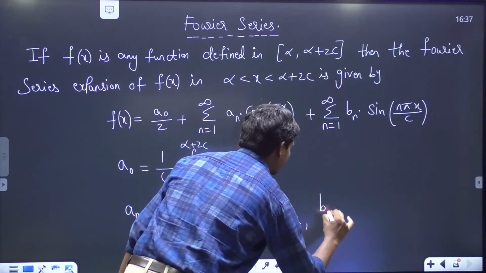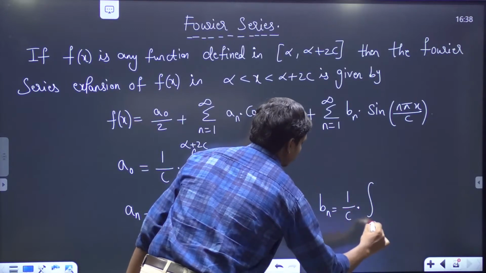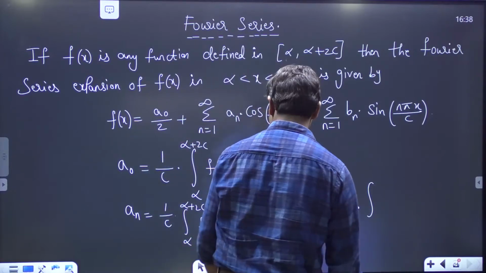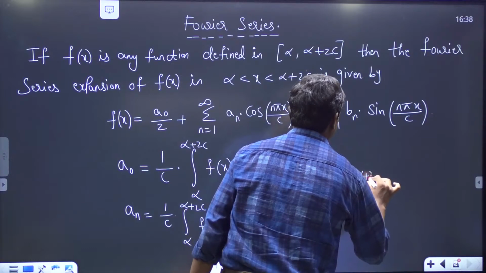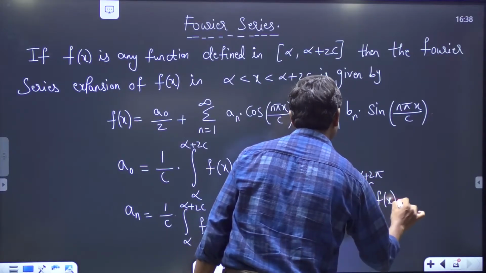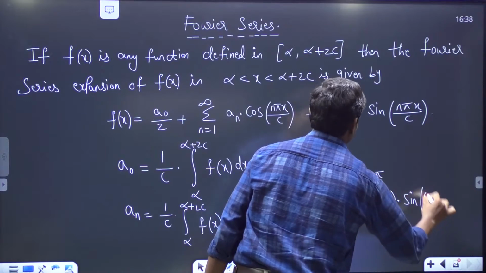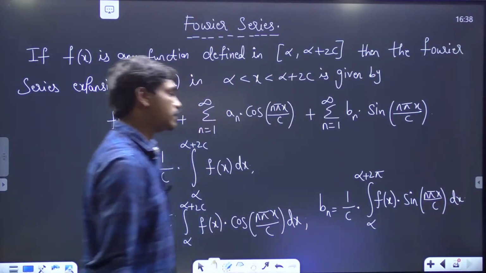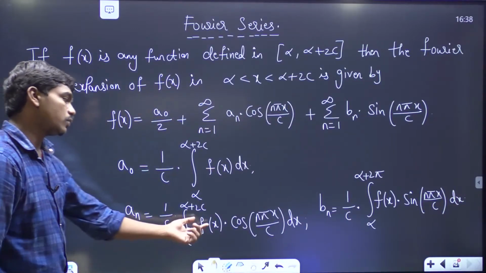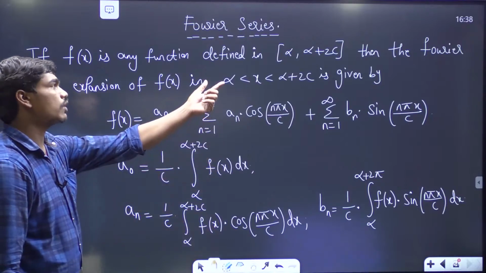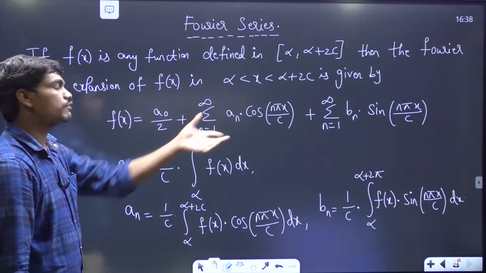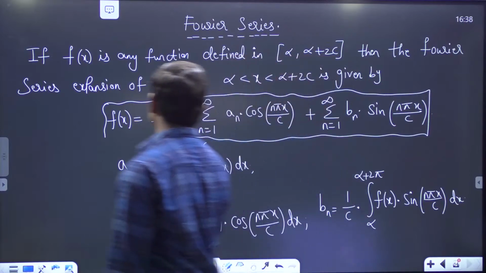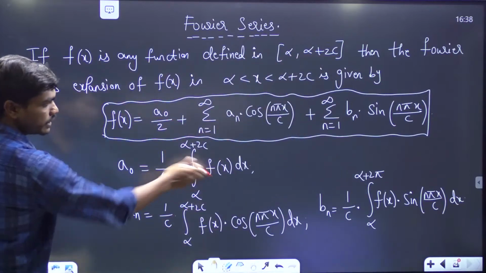Similarly, bn is equal to 1 by c into integral alpha to alpha plus 2c f of x into sin n pi x by c dx. This is how we will be evaluating the coefficients, because f of x is given in the question, since you need to identify the function for which you need to write the Fourier series expansion, and different constants can be evaluated by different integrals like this.